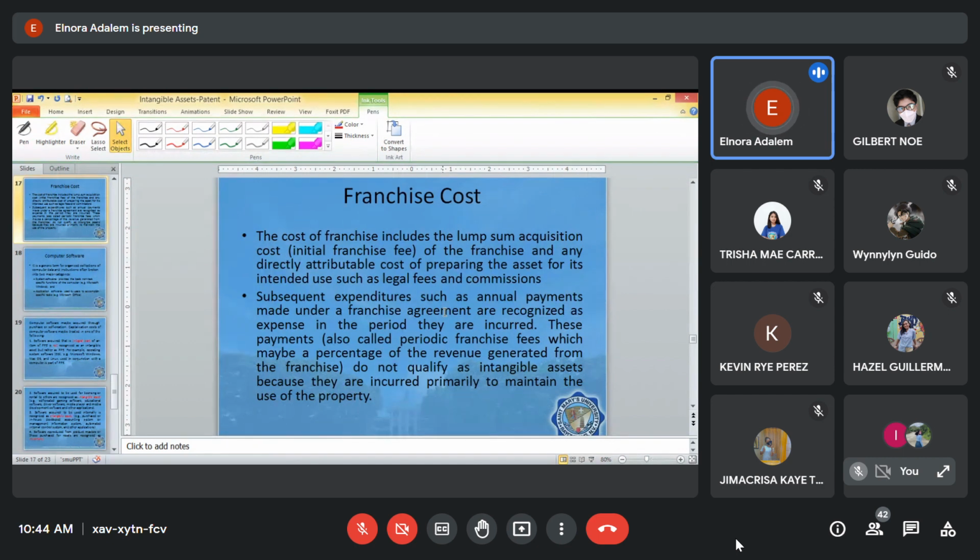Now, what will be the franchise cost? So there will be two costs here: the initial franchise fee, and then the periodic franchise fee. The initial franchise fee will be capitalized. It will be charged to franchise, while the periodic franchise fee will be charged to expense. Okay, only two of those.